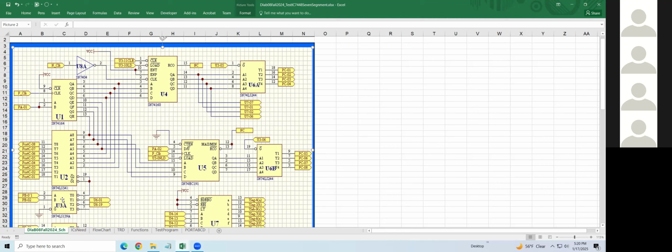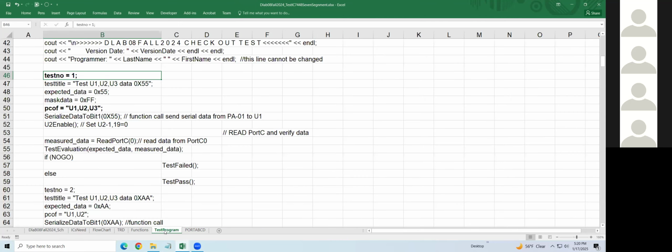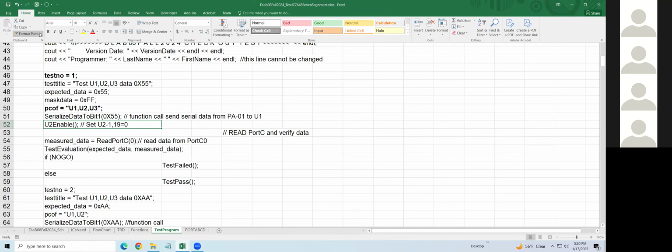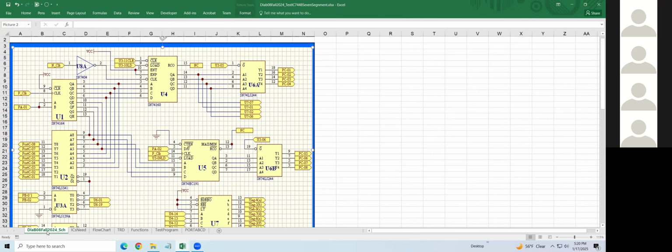Now, you can see in the test program, when I say U2 enable, what does that mean to you?